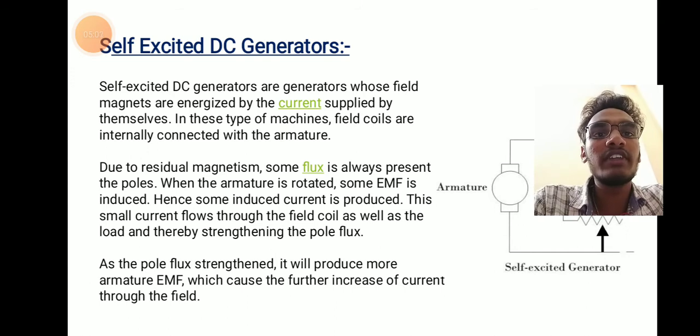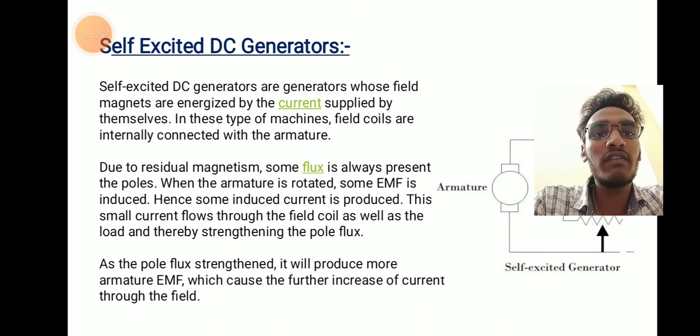Due to residual magnetism, some flux is always present in the poles. When the armature is rotated, some EMF is induced, hence some induced current is produced.